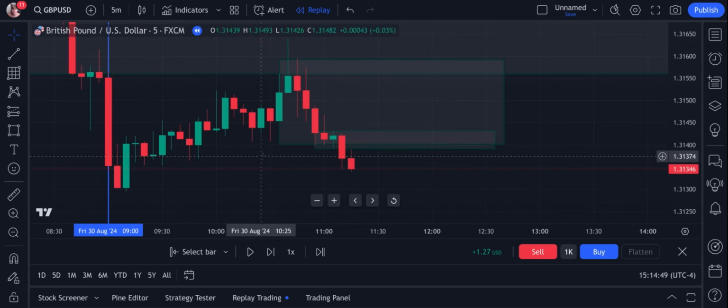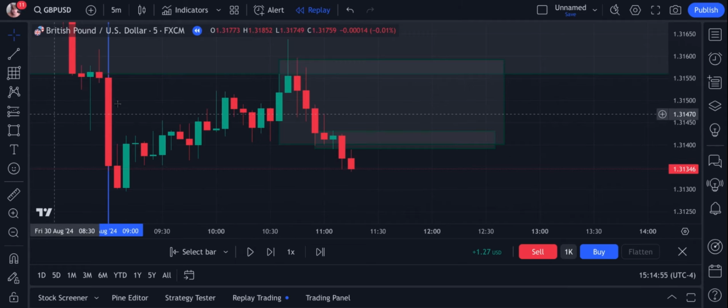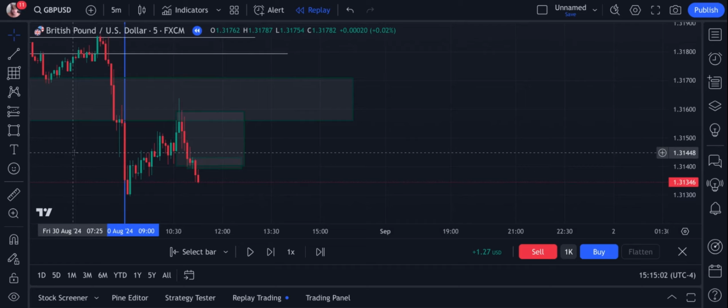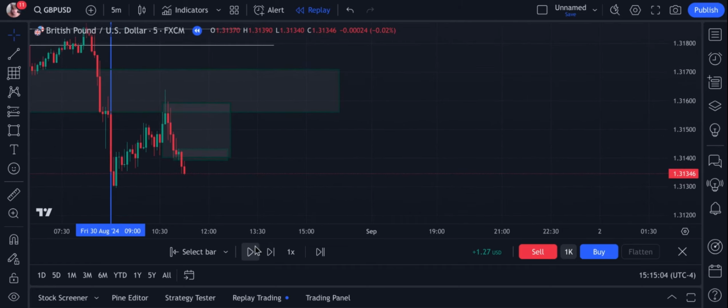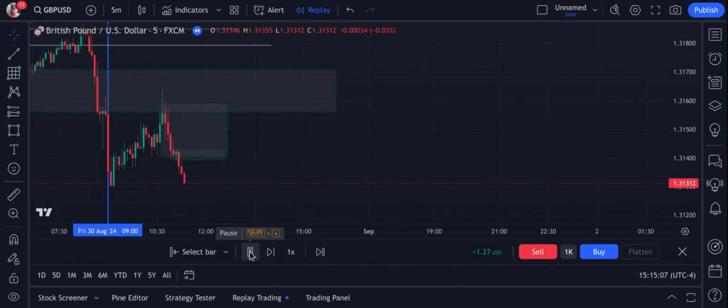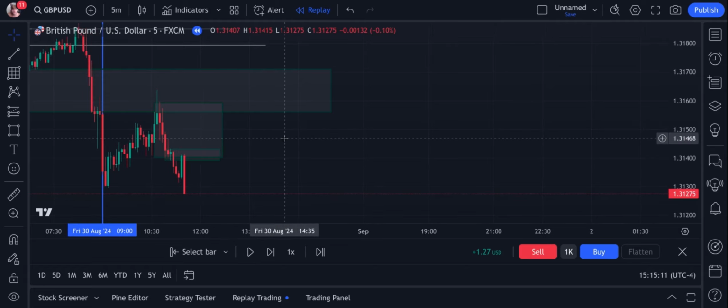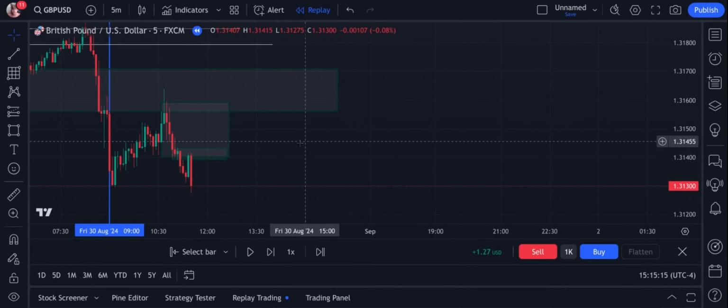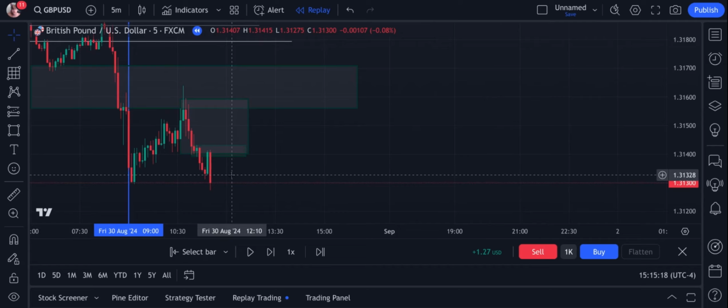I don't think it touched. I wish I had a bigger monitor so I wouldn't have to get so close. But yeah, it didn't touch. Okay. No. All right, that's fine.